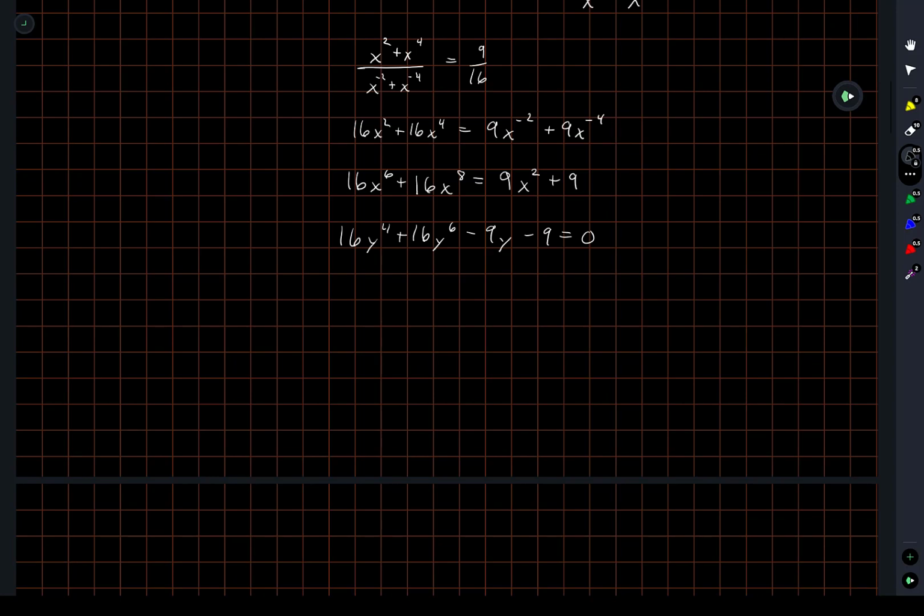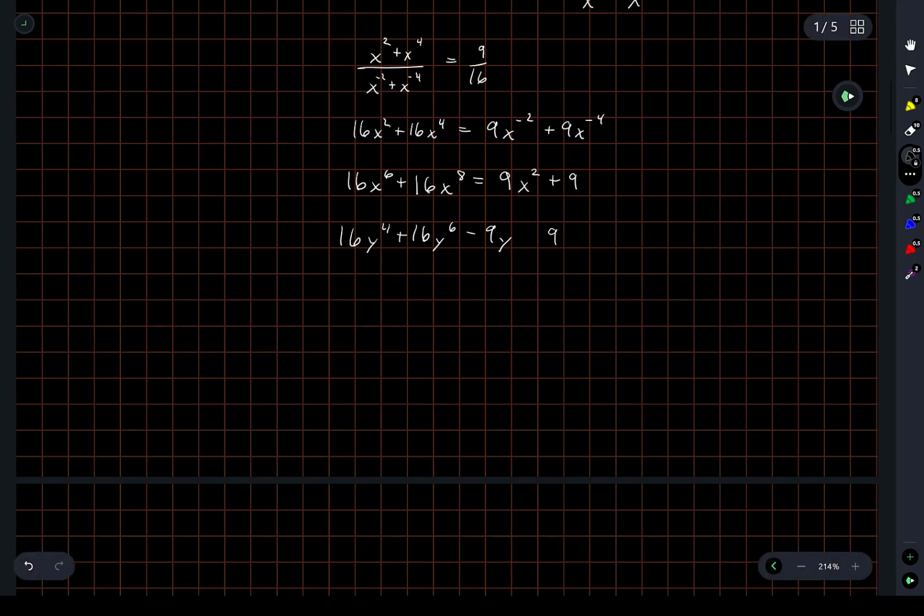Does this even have a solution? If I write this as equals 9, when y is equal to 0, the left-hand side is 0, and when y is very large, the left-hand side is also very large. So this definitely has at least one solution for y.